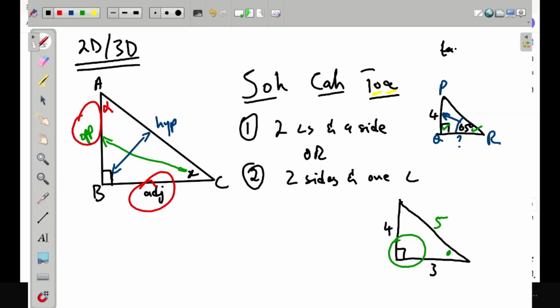So we should actually go tan 65 is opposite, which is a 4, over the adjacent, which is QR. Now, because you are solving for QR, which is in the denominator, it is important to also note that QR will be 4 over tan 65. There, it's your basic knowledge of algebra. Then you can just press this the way it is in your calculator. Of course, your calculator should be in degree mode.